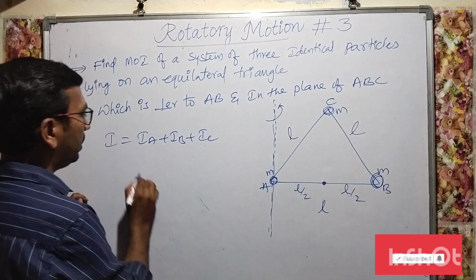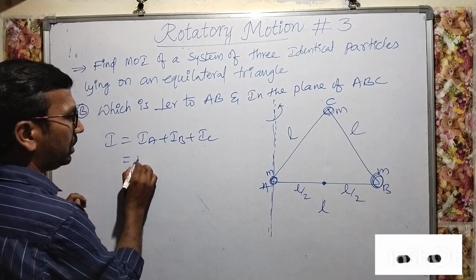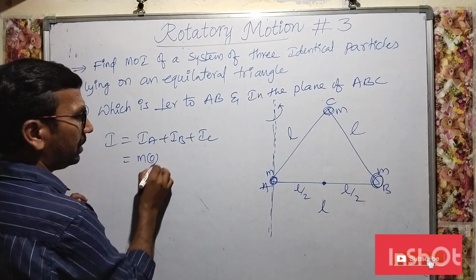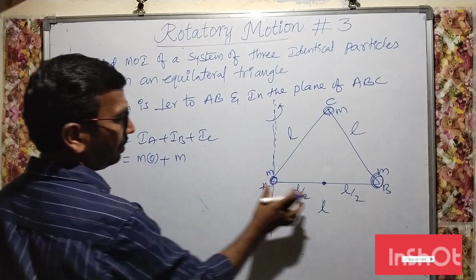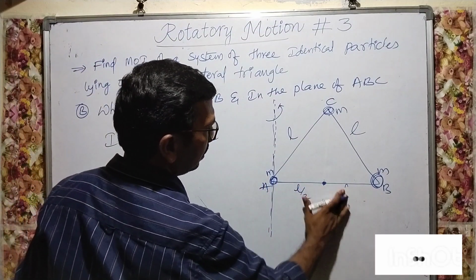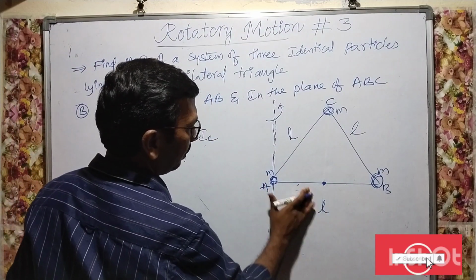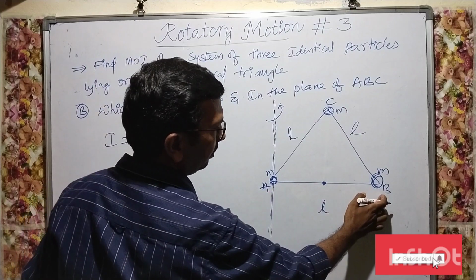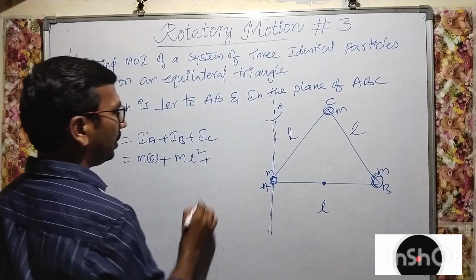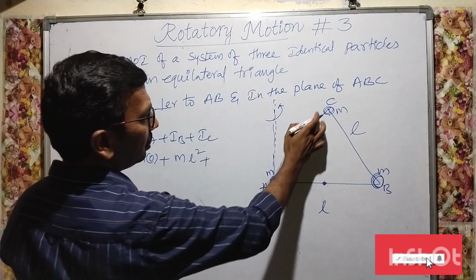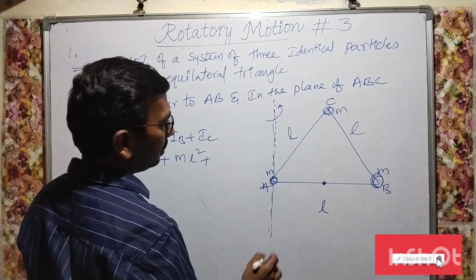IA is equal to 0, since the perpendicular distance is 0. For B, the perpendicular distance is total L, so from the axis of rotation to B the distance is L, that's why M L square plus, and then this distance for C you can find out.